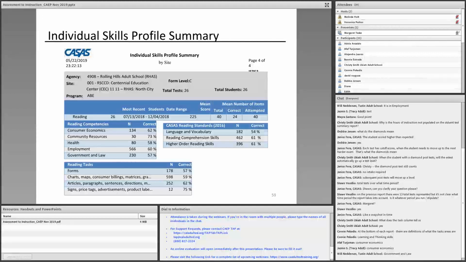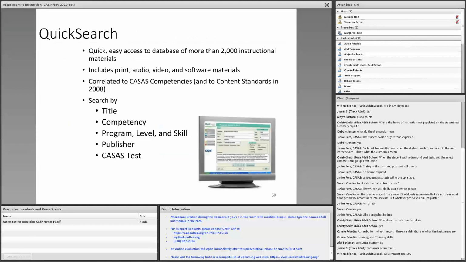They're pretty good at community resources. They do need a little more work on language and vocabulary. Doing better at comprehension and higher order reading. That's great. The reading tests that they're best at are reading signs, advertisements, product labels. This is, again, information for the teacher to know where to focus more of the attention.